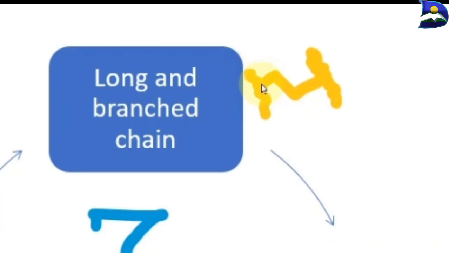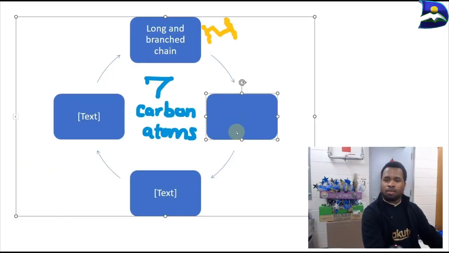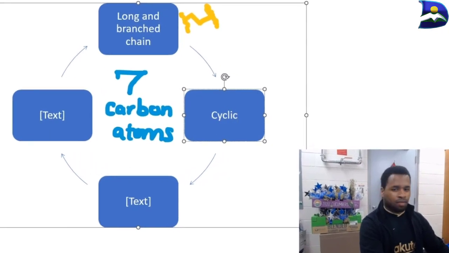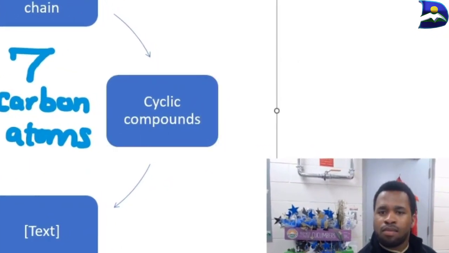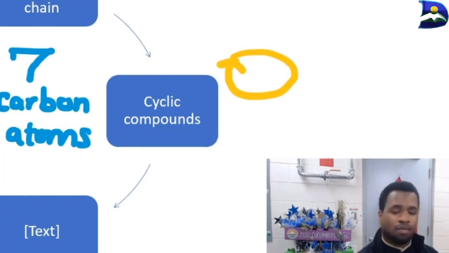to the other end, and this is going to lead us to the second step, which is creating cyclic compounds, which will have either 7 carbon atoms around this system, or we can have something less but have branches around it.